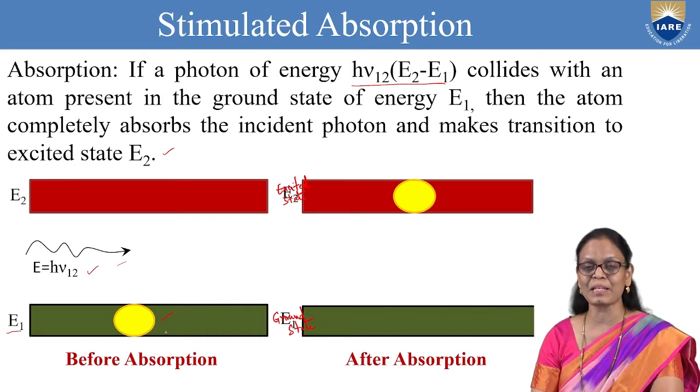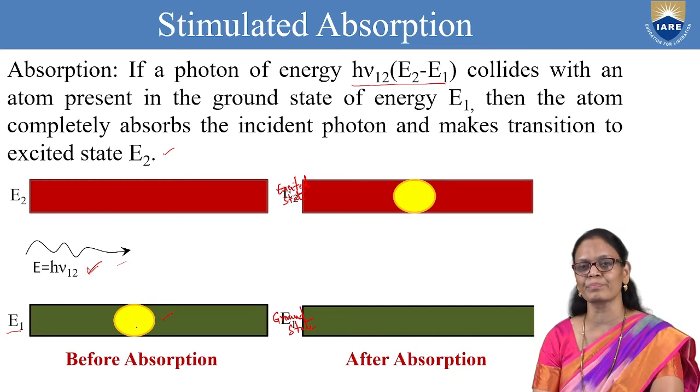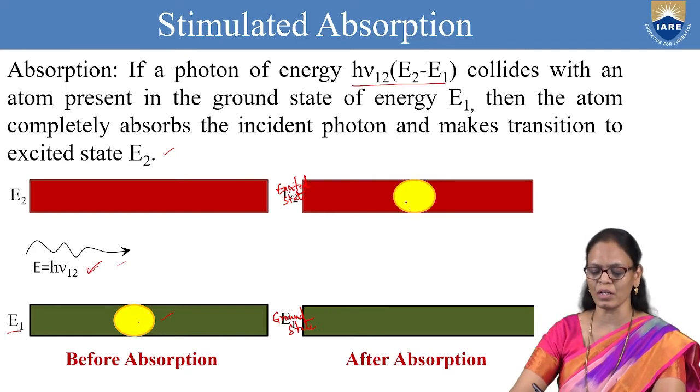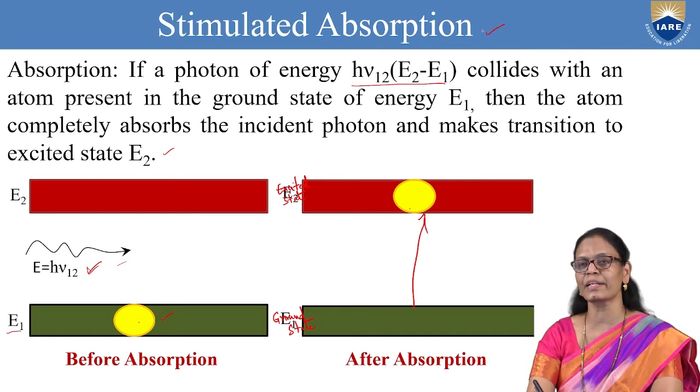The atom is in the ground state, a photon is incident whose energy is at least equal to the difference in energy. When this collides with the atom, the atom completely absorbs the energy and makes a transition to the excited state. This process we call stimulated absorption.